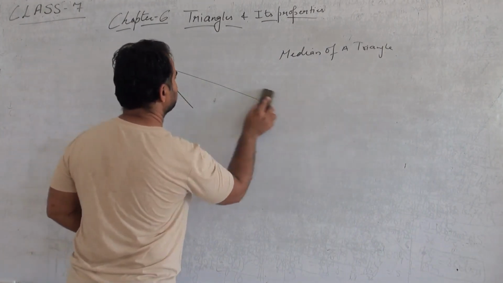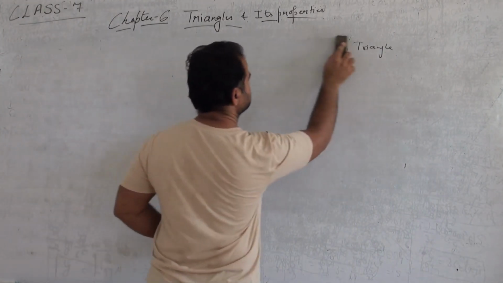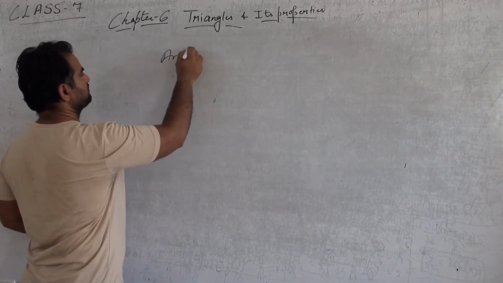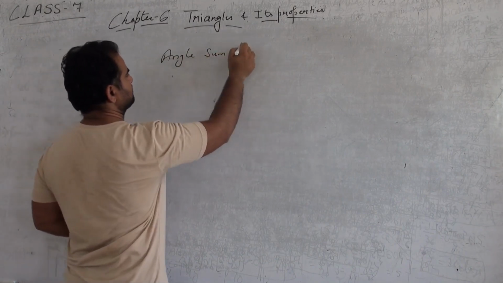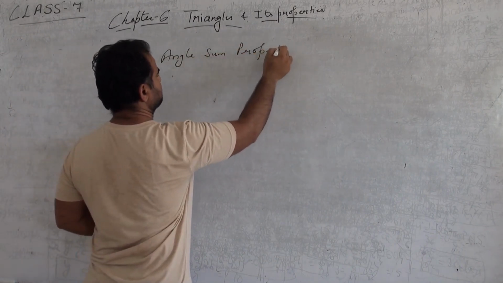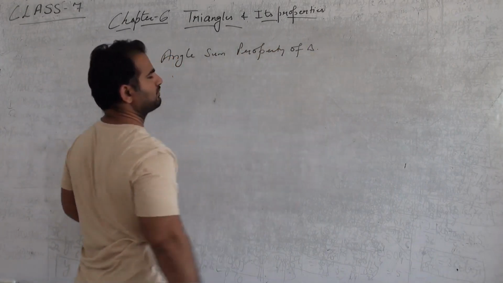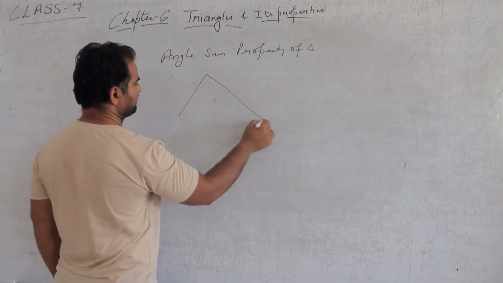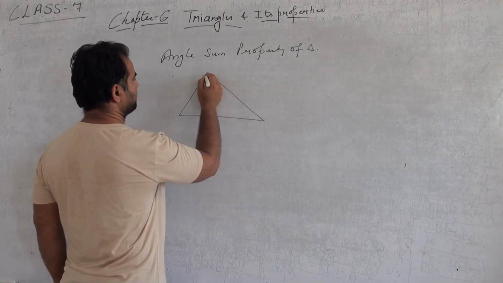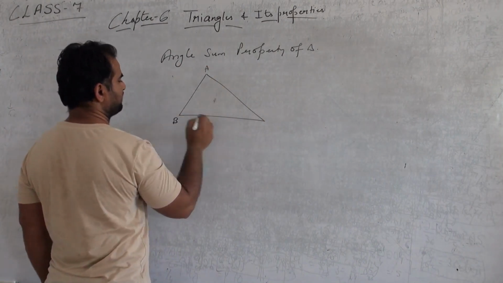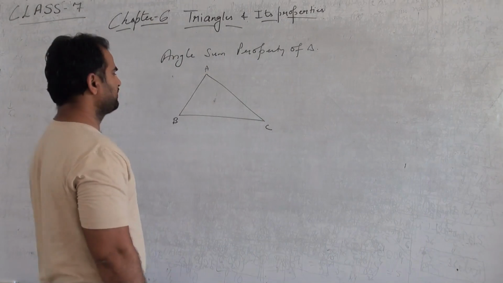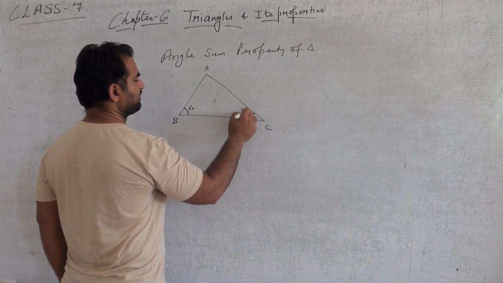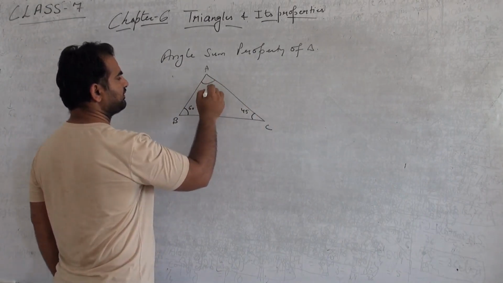Angles and property of a triangle. Let the triangle be A, B and C. If this angle is 60 degrees and this one is 45, can we find angle A?